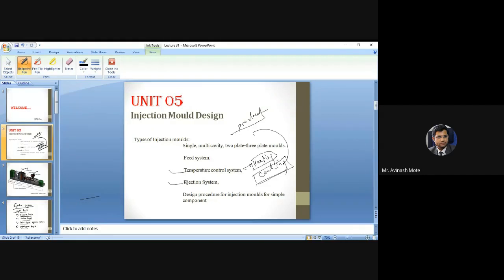So temperature control system is mostly dealing with the cooling mechanism rather than the heating mechanism. Heating mechanism is an automatic mechanism. You set the temperature, start the switch, and automatically it will heat. Close the switch, or just break the circuit, and heating will stop. But cooling will have an effect on the microstructure, so cooling is important in the control system. So we discussed in detail the temperature control system, basically a cooling system, in the last lecture.